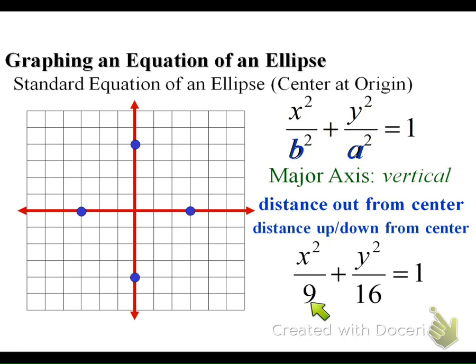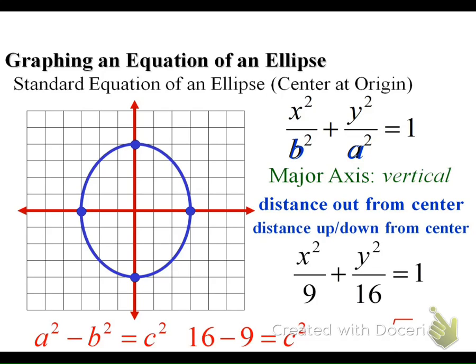Since that's under the X now, that's how much you go left and right from your center. And then you'll still get the same value for C as we did on the last one. The only difference is now, since it's a vertical major axis, you're going up and down that many units. Questions on this so far?